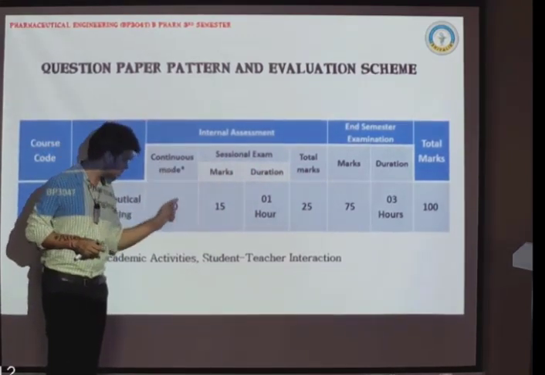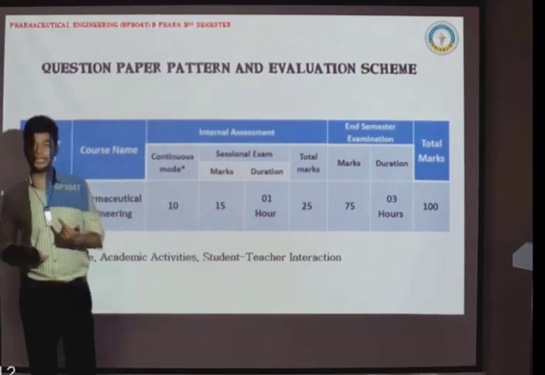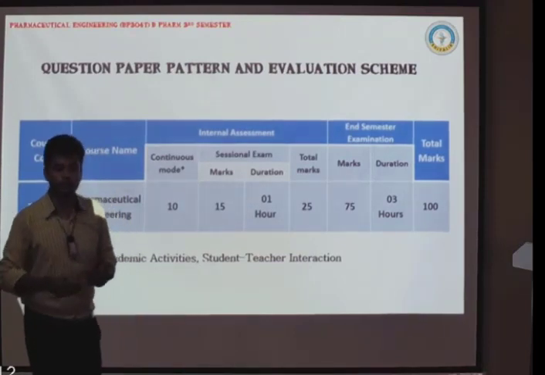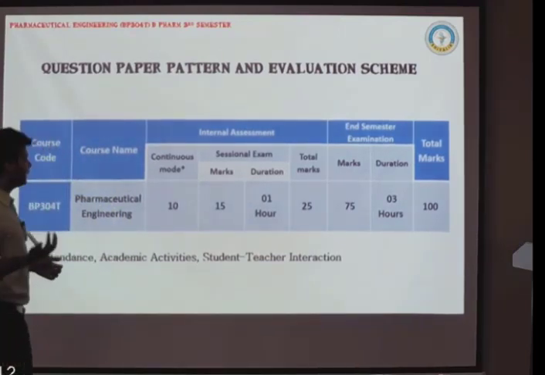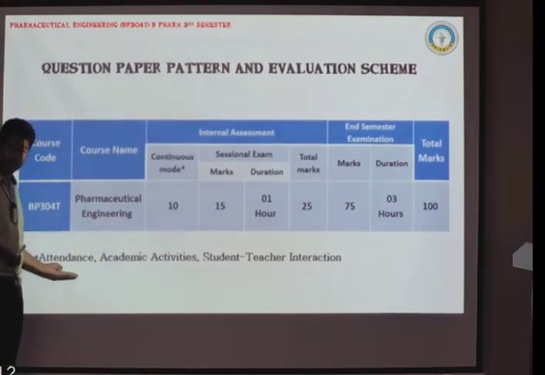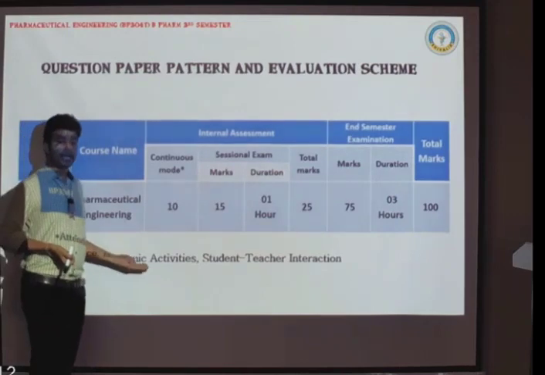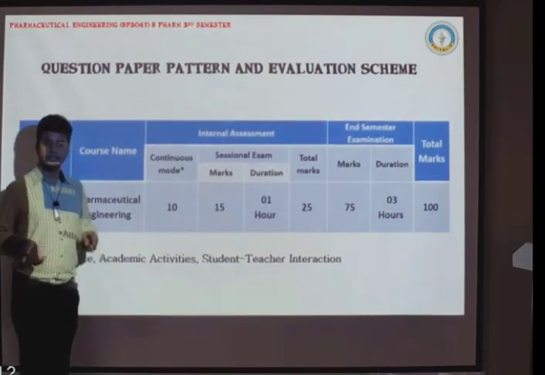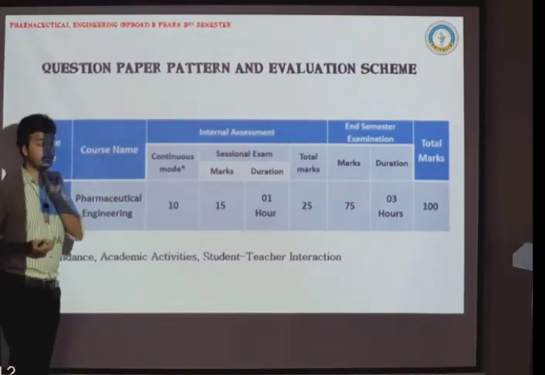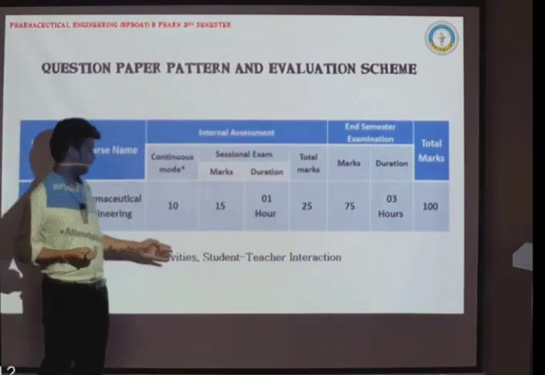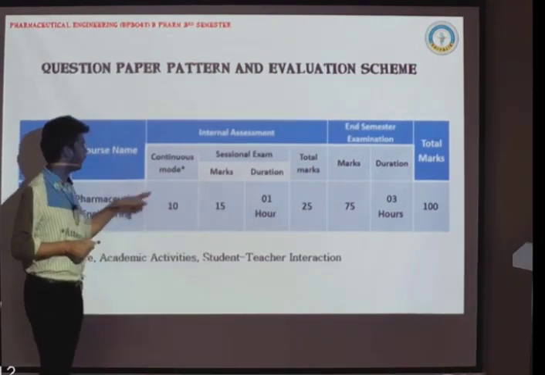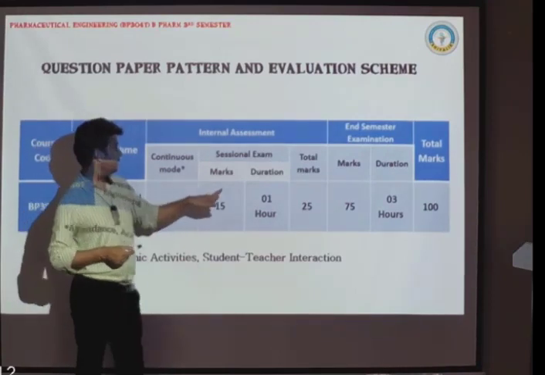These 10 marks will be evaluated while you are studying in the semester and being observed by your faculty or teacher. The continuous mode will be evaluated by attendance, which is very important, your academic activities, how much participation from the student is observed, and finally the student-teacher interaction, which is very, very important.